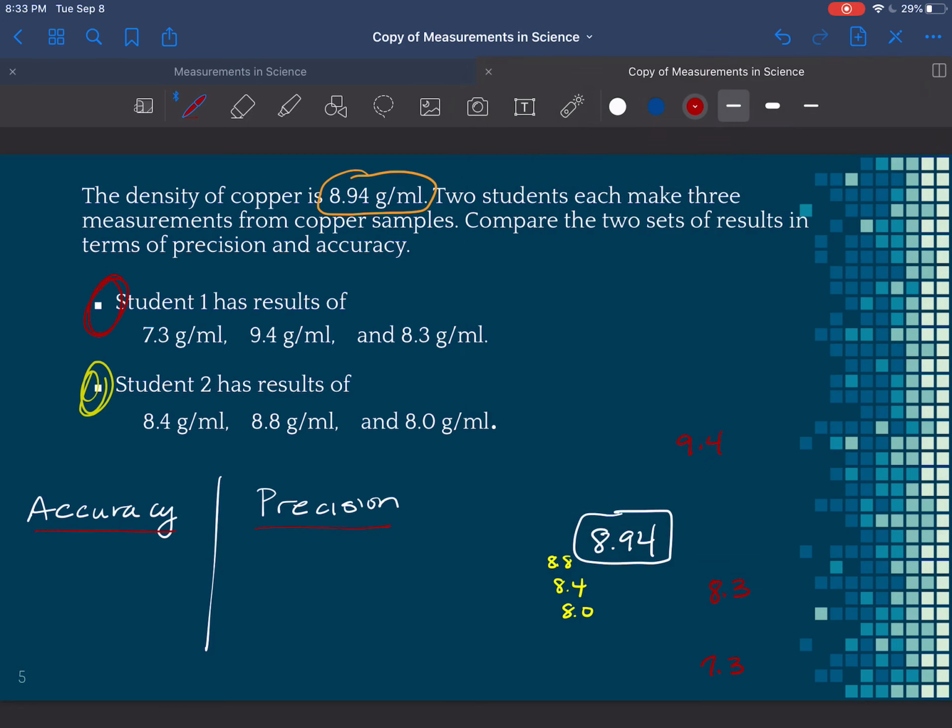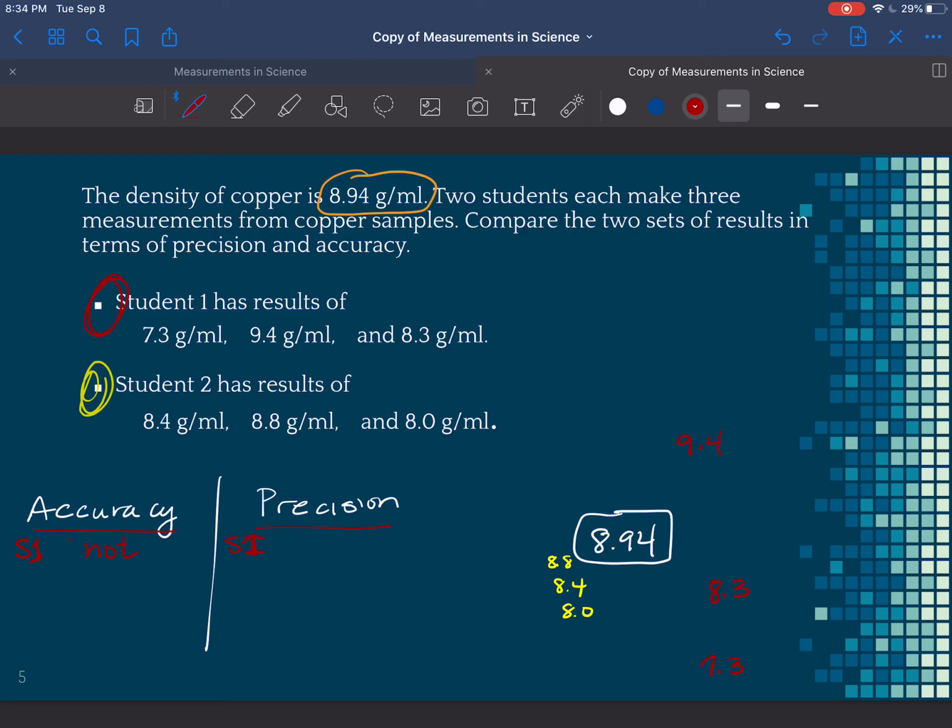Accuracy. Was student 1 accurate? Were those measurements close to the target? Well, 9.4 is a gram heavier. 8.3 is almost more than half a gram less, and 7.3 is way off. So we'd say no. Student 1 was not accurate.